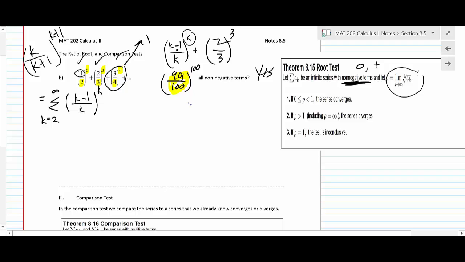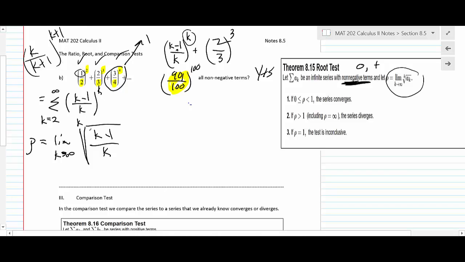So that's why I did that. Okay, so what we're going to do is formulate this rho that we use for the root test. So we're going to do the limit as K goes to infinity, and then again what we're going to do is take the K root of K minus 1 over K like that.